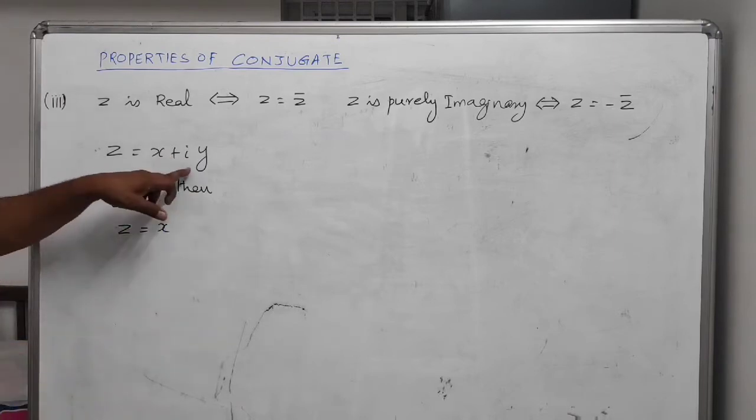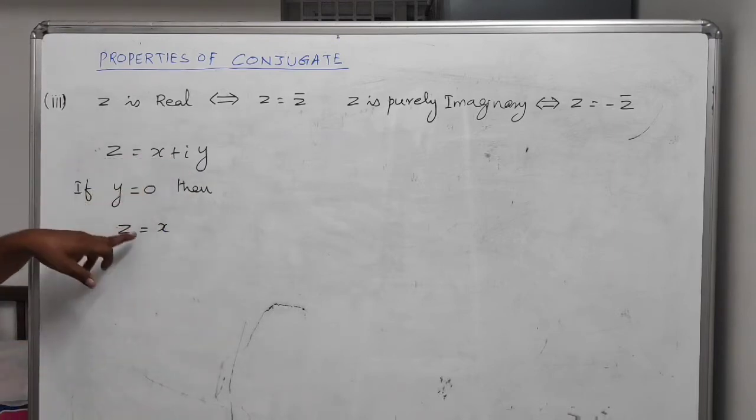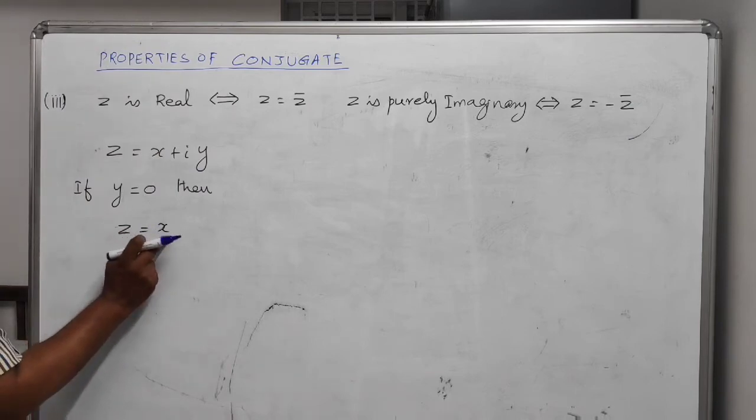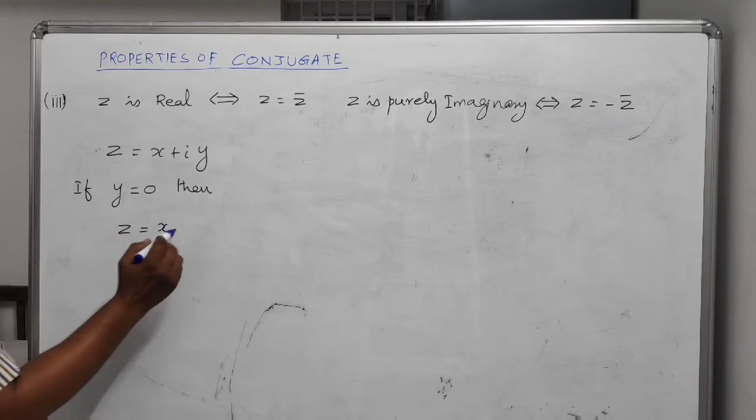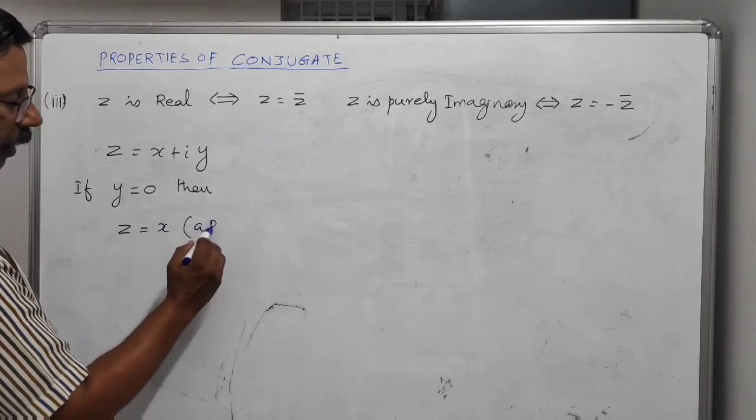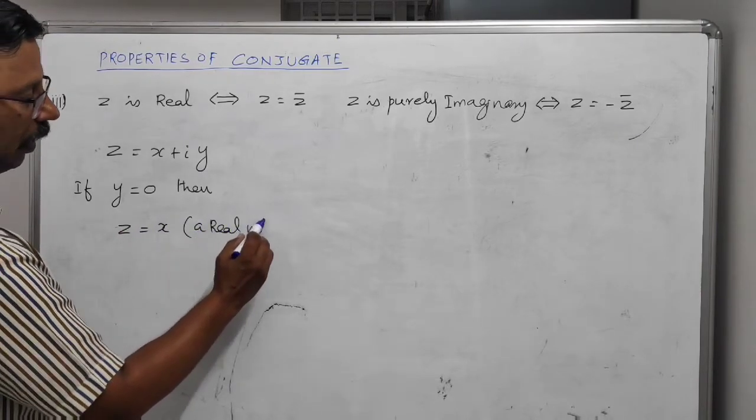If y equal to 0, this z becomes x only. Here, there is no imaginary unit and imaginary part. Hence, it is purely a real number.